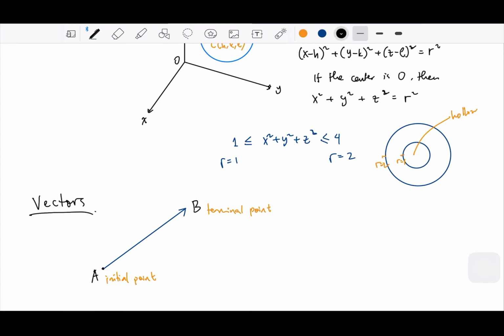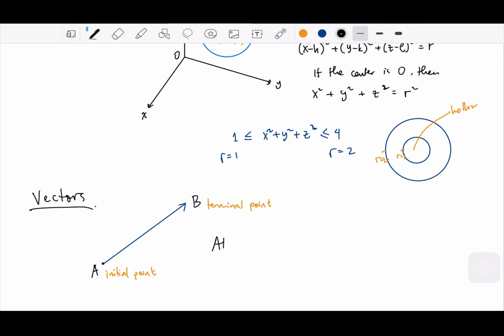Sometimes we can write this as AB with an arrow, or if it doesn't have a name, you can name it with any variable. Maybe name it with U, the most obvious in math.